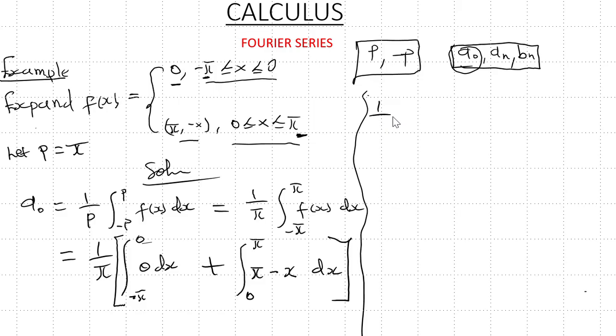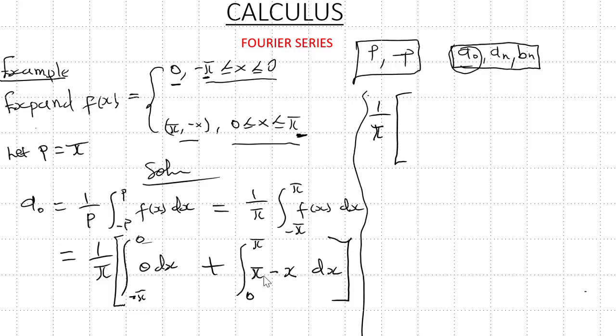So we have 1 over pi, bracket open. So looking at this, we know that whenever we integrate 0, the answer is 0. Therefore 0 times any number is 0. So here automatically becomes 0. So now we are going to focus on this. The dx here means that we are integrating with respect to x. Therefore the pi is going to be treated as a constant.